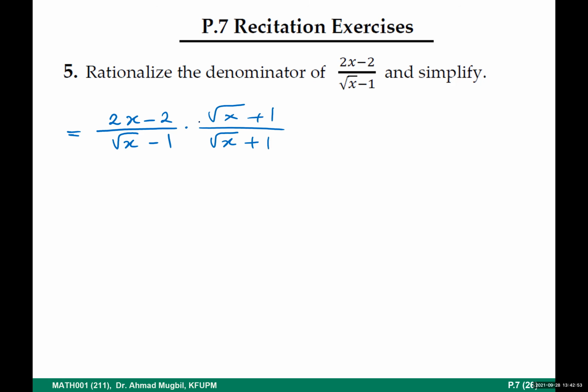Done? Let me see. If you are done, let me see what is your answer. Correct. Correct. Excellent. MashaAllah. Of course. Take 2 here as a common factor. Then you can cancel.